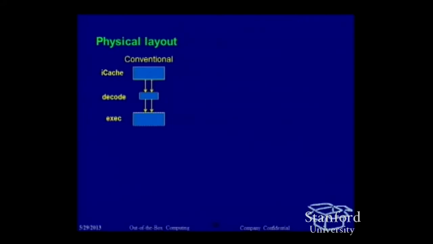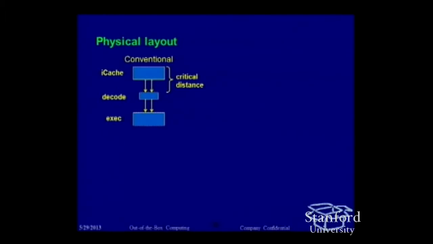Physical layout and cache. Everybody needs to get their cache as close to the decoders as they possibly can, because there's a critical distance. That critical distance is from the far side of the cache to the front side of the decoder. Wires are time.